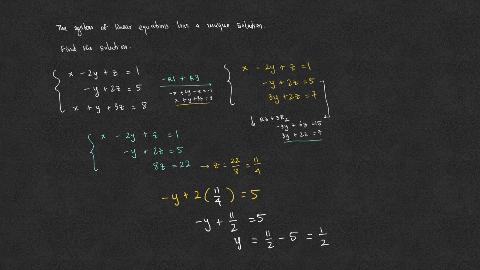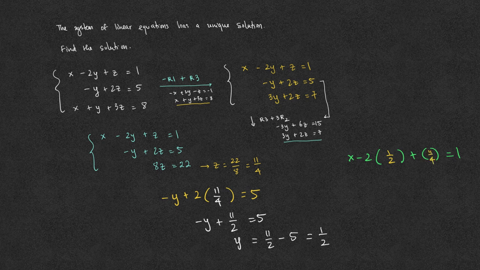The third equation gives us z, the second equation gives us y, and the first equation, x minus 2y plus z equals 1, should give us x, where y is 1/2 and z is 11 over 4.